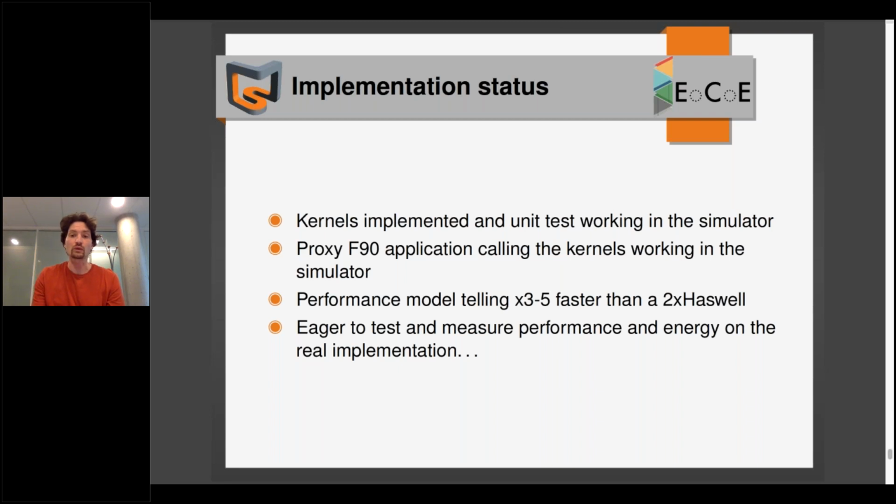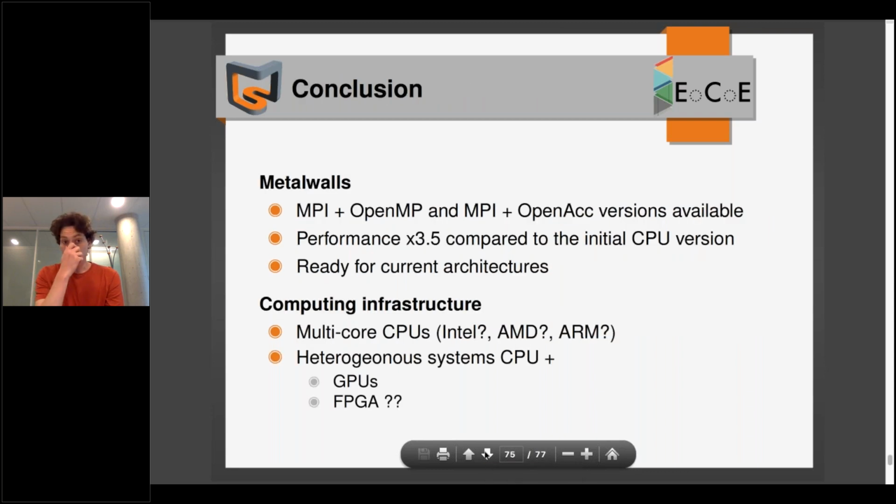And yes, we are really eager to measure restitution time and energy on real hardware. So in conclusion, on Metal Walls, we have MPI plus OpenMP and MPI plus OpenACC versions available, which allow the code to run on different kinds of CPU and also on GPU architectures.